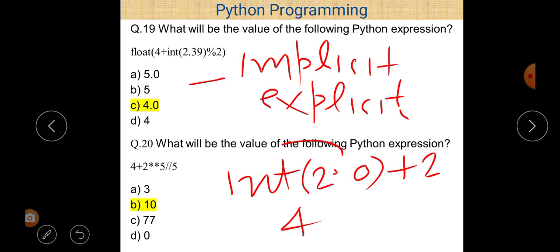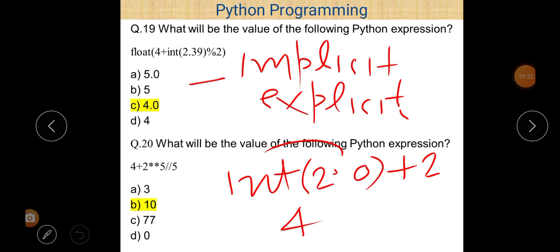Because 2.0 is converted to an int value, which is 2, and 2 is then added to 2, so our answer is 4. That is called explicit type conversion, where we mention the data type of a particular value. So these are the two types of conversion found in Python: implicit and explicit. This question is related to type conversion.